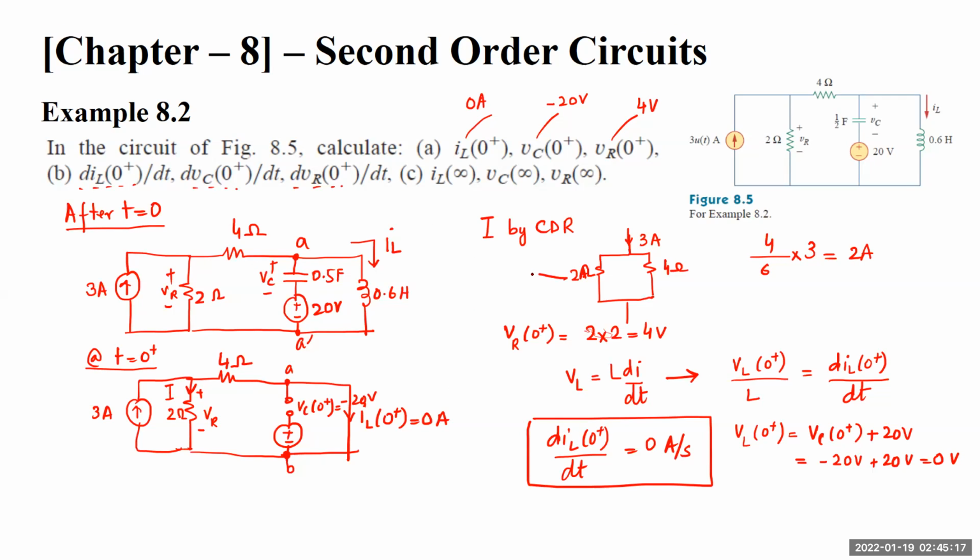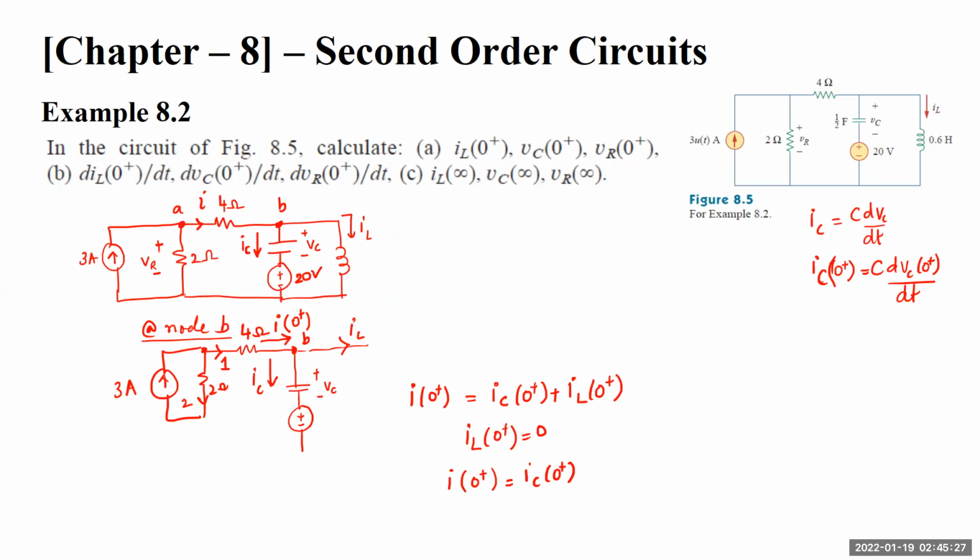So we have this 3 ampere coming here, and we have these two branches of 2 ohms, and another branch of 4 ohms, which is connected further with a capacitor and a voltage source, and then there is another inductor part connected.